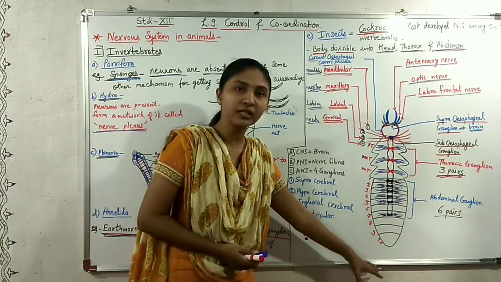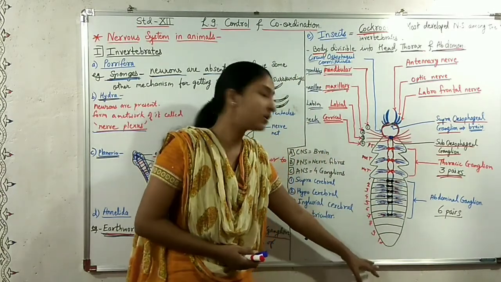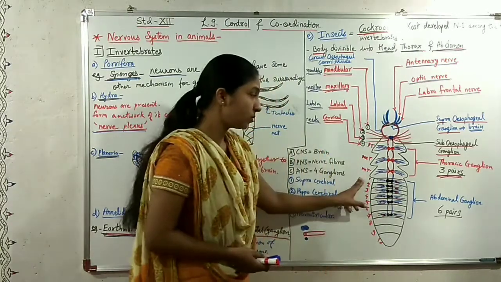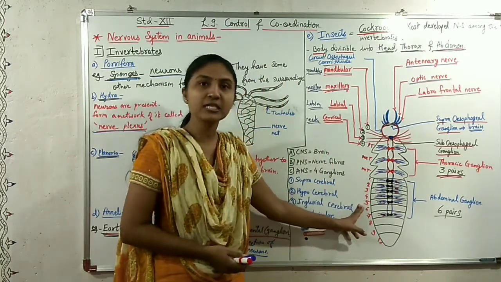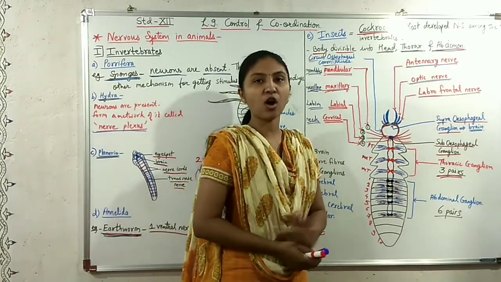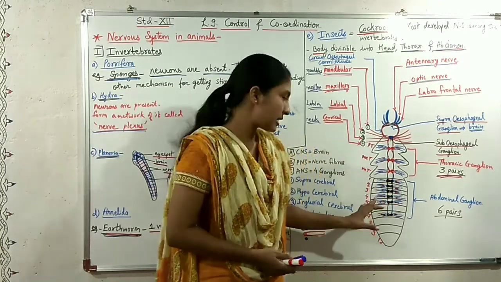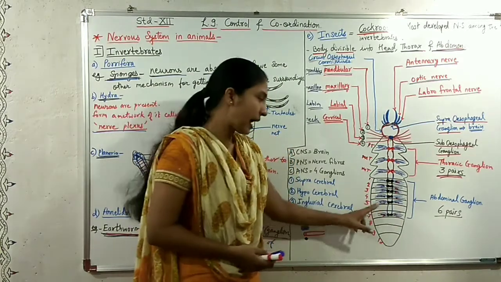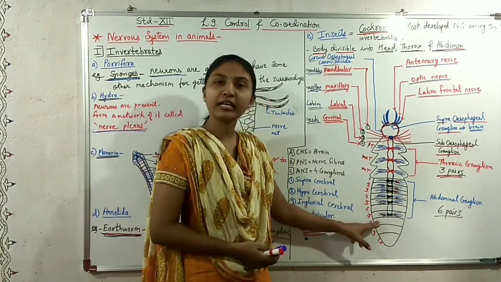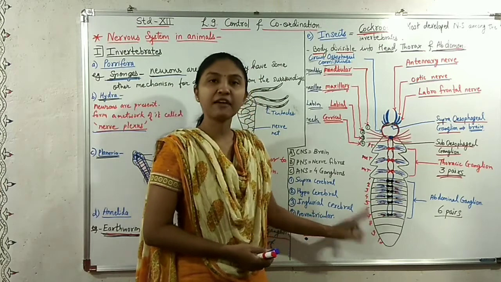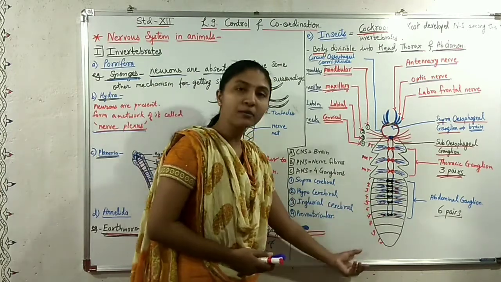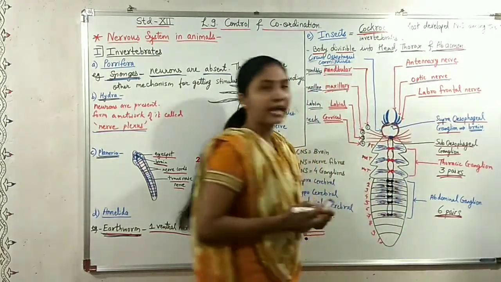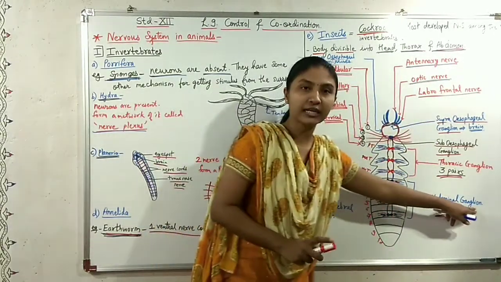Whereas the abdominal region of the cockroach has 10 segments. The first 5 segments have 5 pairs of abdominal ganglions, and in the 6th segment the ganglions are absent, and the last pair of ganglion is situated in the 7th segment. So in the abdominal region there are about 6 pairs of ganglion. They are called abdominal ganglion.